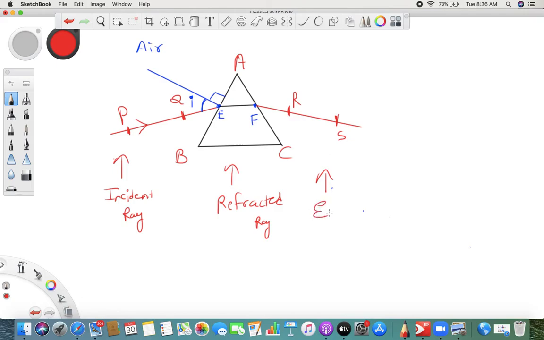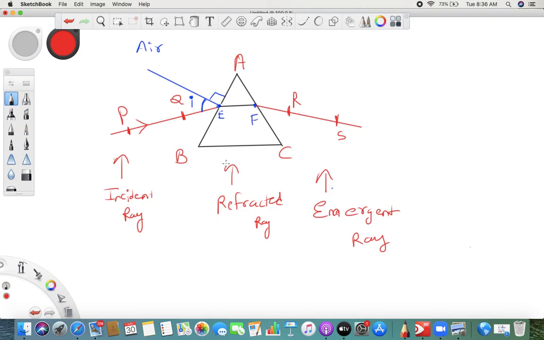We call it the emergent ray. I already discussed that in our rectangular glass slab. So incident ray, refracted ray, and emergent ray. Now what is your angle of emergence?